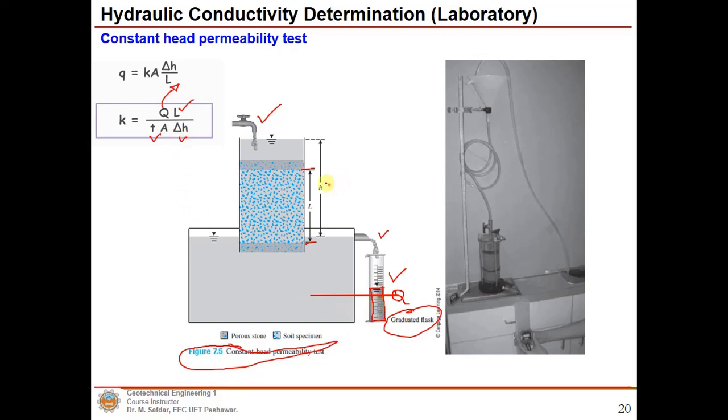Delta H is the head difference or the head loss between the inlet and the outlet. This is the picture of the constant head permeability test.